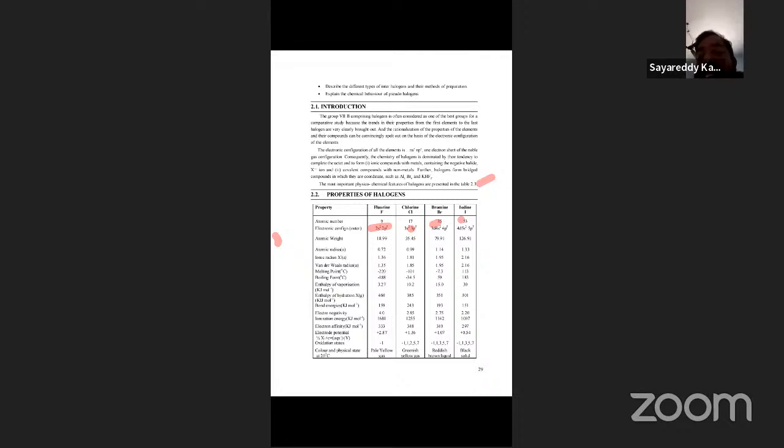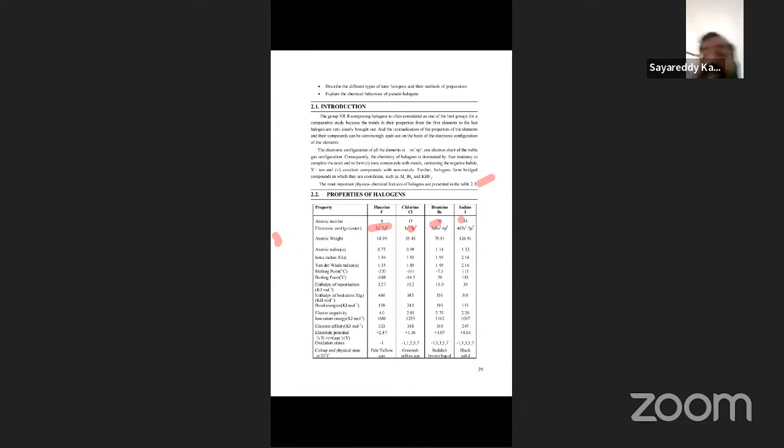See the atomic weight. Fluorine's atomic number is 9, and its atomic weight is 19, a little more than double. Exactly double would be 18, but the atomic weight is 19. Chlorine is 17, double is 34, but here chlorine is 35.5 (35.45).